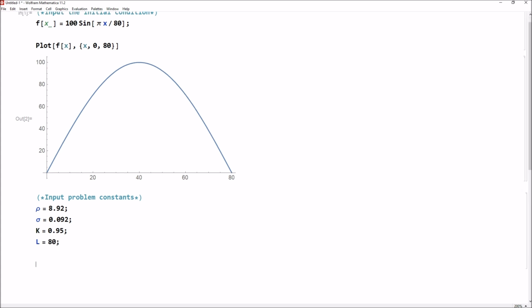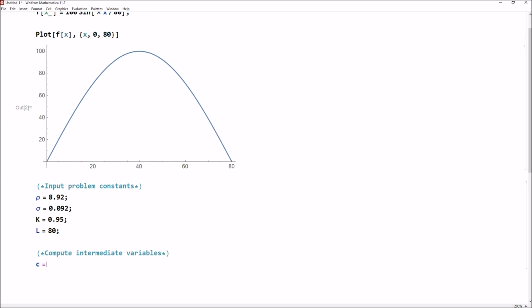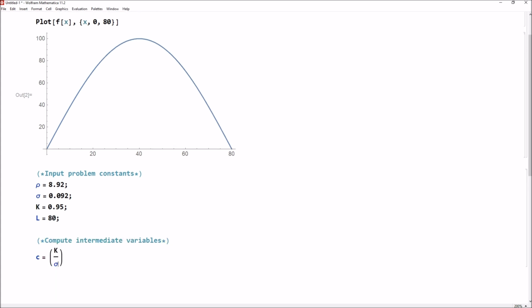Okay, so based on this, let's compute that intermediate variable, right? We saw that the one parameter of the 1D heat equation was this parameter C here. And I think we said C was given by K over sigma rho, and then we had to square root that thing, right?